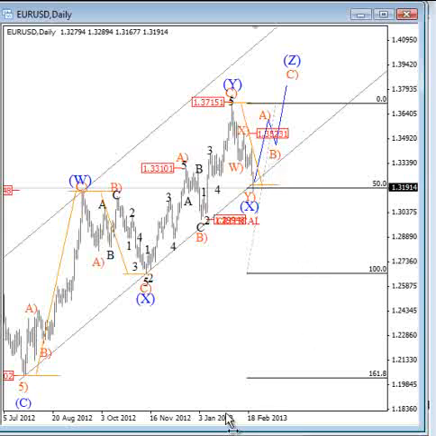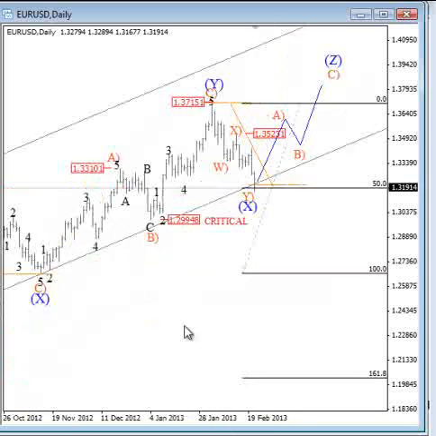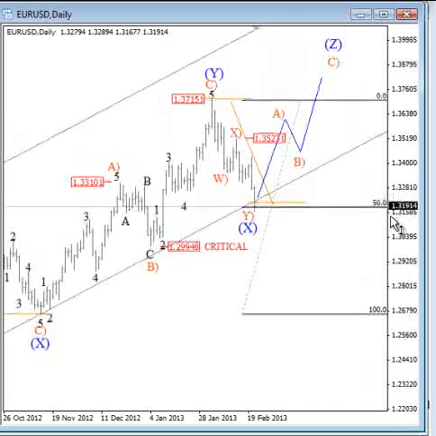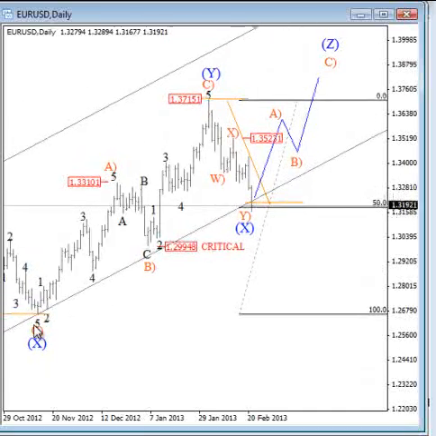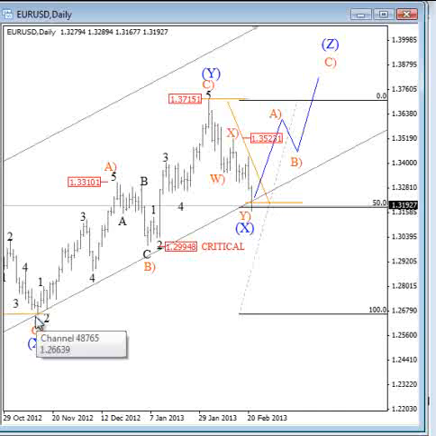Also notice that this wave X has retraced around 50% compared to this zigzag here from this point to this point, and also notice that this pullback is now trading into a territory of this previous correction.